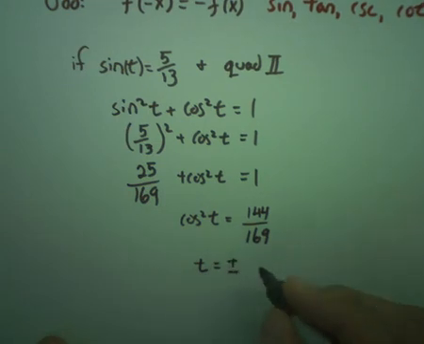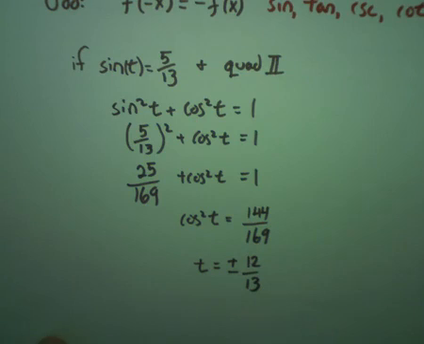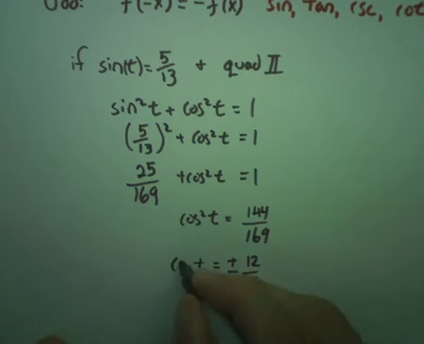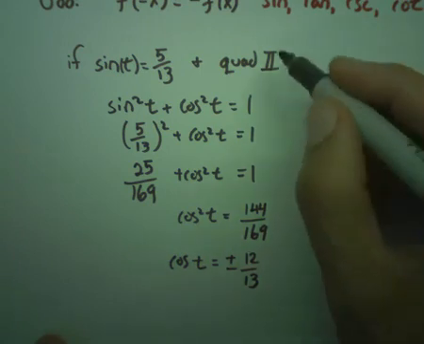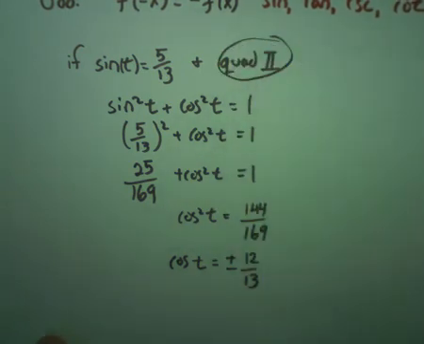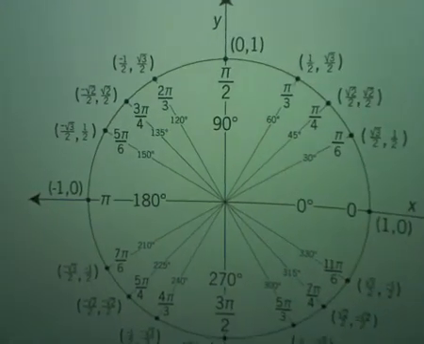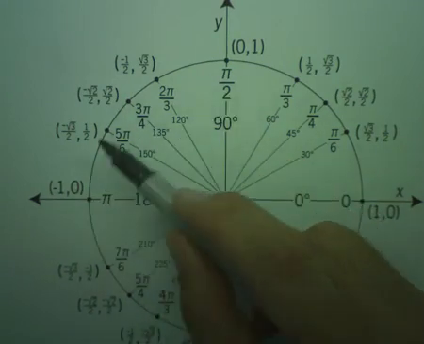There's the plus and there's the minus. It becomes 12/13. Oh, sorry, this is cosine of t. So cosine of t is either 12/13 or it's negative 12/13. Which one is it? Well, we know back up here that we're in quadrant 2, keep in mind quadrant 2 is this portion right here.